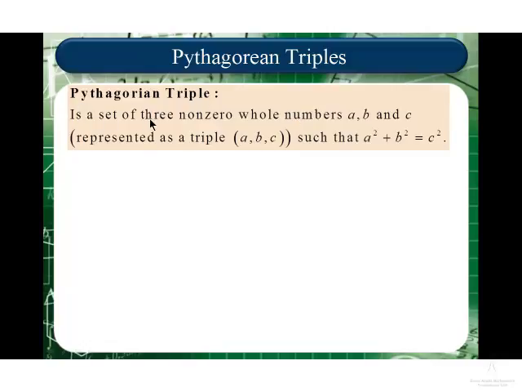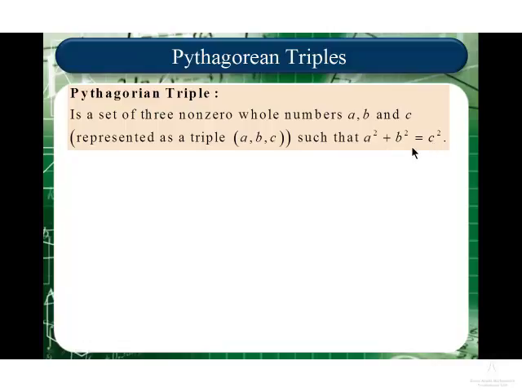This is a set of three non-zero whole numbers, let's say A, B and C, always represented as a triple, a round bracket with the three positions separated by commas, such that A squared plus B squared is equal to C squared. Immediately you'll see this as the statement of the theorem of Pythagoras for a right triangle with side lengths A, B and C respectively.